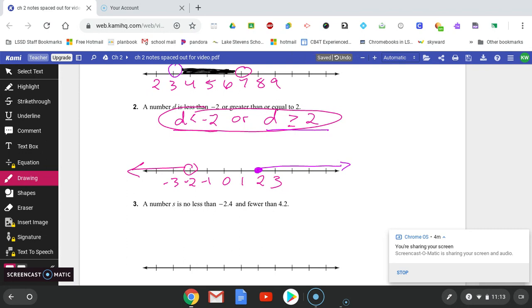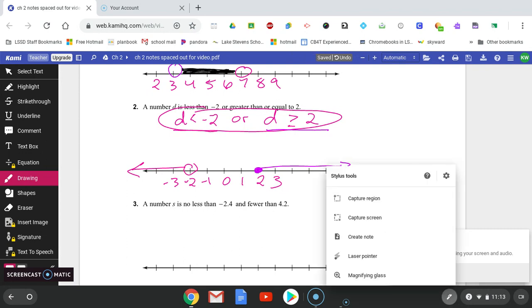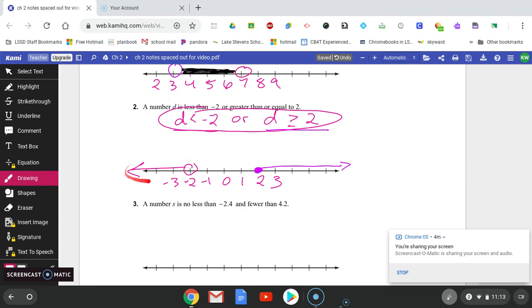Because it's an "or" statement, we want to know where it works for one or the other. It works for this inequality over here, and for this inequality over here. So that's our final answer. Every single number over here is a solution. The only numbers that would not be a solution are in this middle section that doesn't have either inequality line drawn over it.